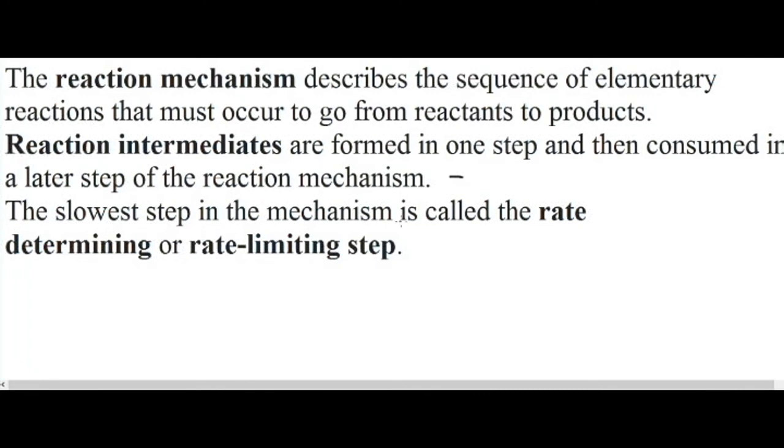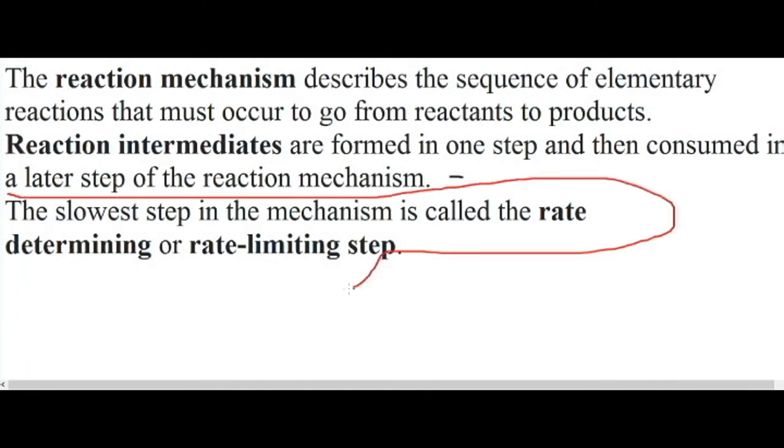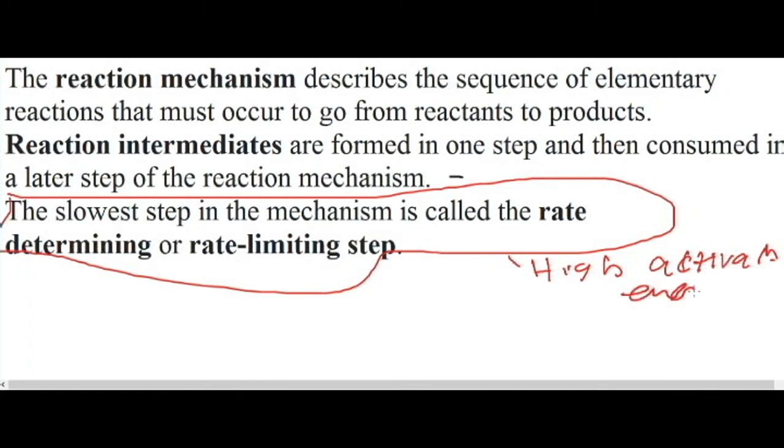I just explained this using the graph. The slowest step in the mechanism is called the rate determining step. This is very important. The slowest step is the rate determining step. Slowest step means the high activation energy. This is a very simple example.